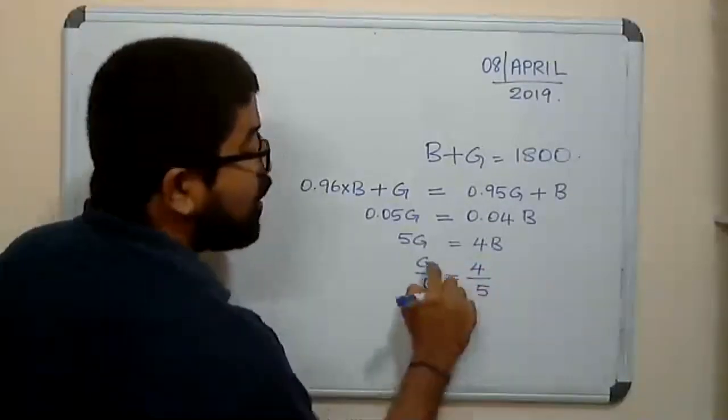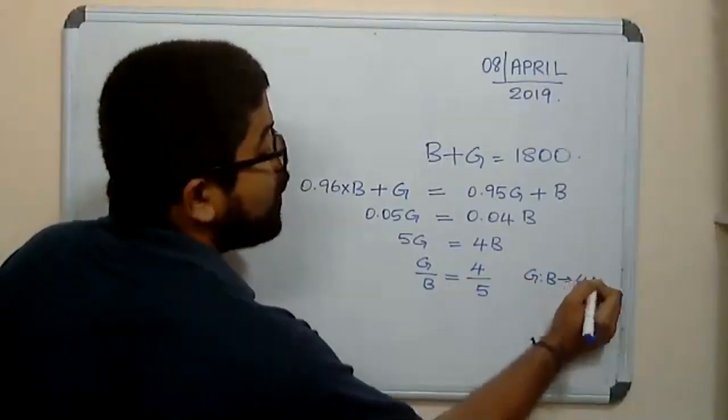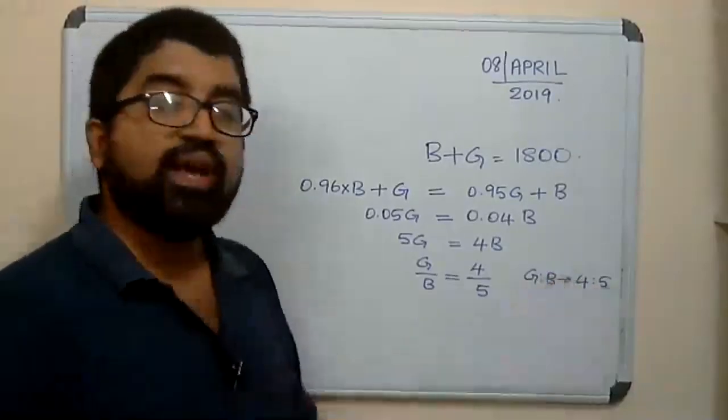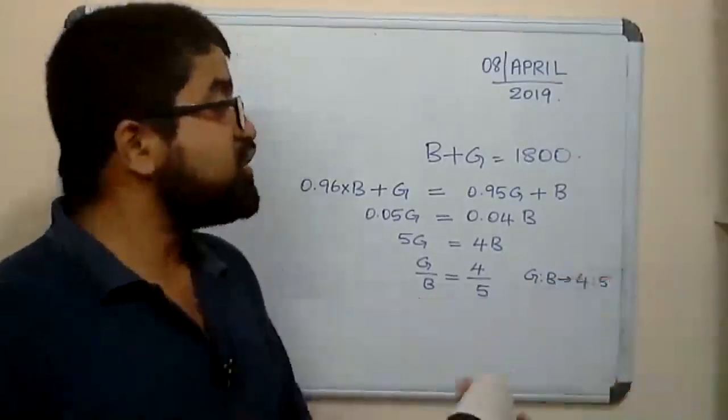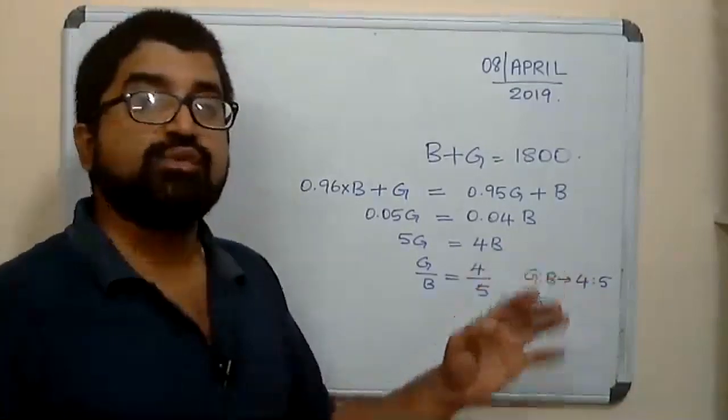That is the ratio of the number of girls and boys. It is in the ratio 4:5. Only then do we have 4B equal to 5G coming into the picture. So the ratio of the number of girls to boys, we are now arriving at, is 4:5.